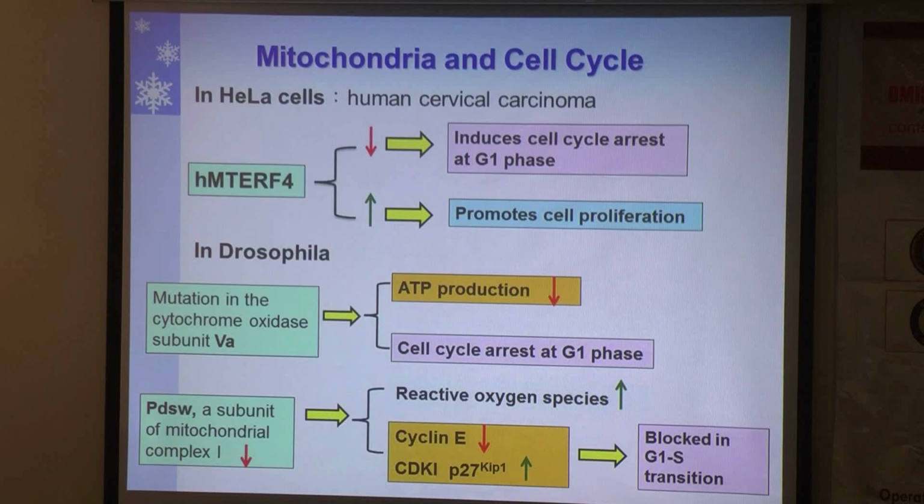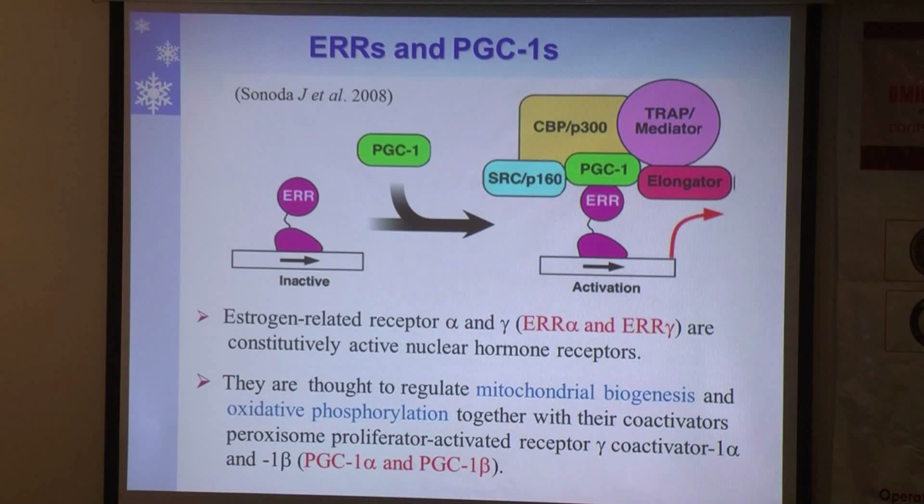Based on this, we studied the mechanism, for example, transcription factors like ERR, estrogen-related receptor alpha and gamma. These are constitutively expressed, active nuclear hormone receptors.